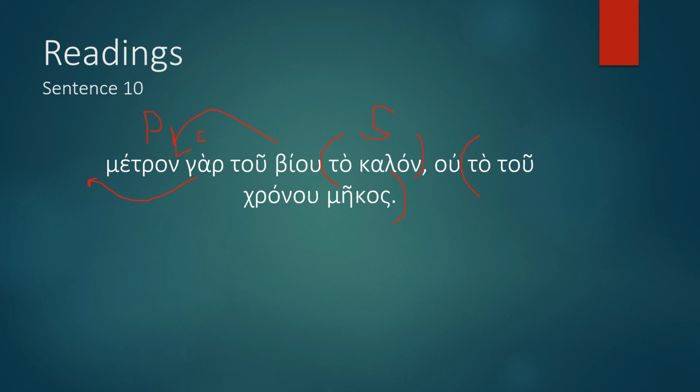But the length of time, we can say this is sort of in opposition to, antithesis with, our first subject. So we have sort of an adversative asyndeton here almost. Asyndeton, not having a conjunction.